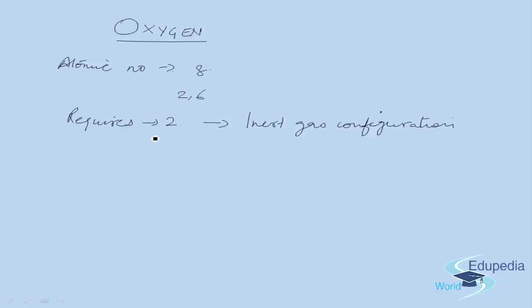So the oxygen atom gets these electrons by sharing its 2 electrons with the 2 electrons of another oxygen atom. So we can write like this. This is one with another, with 6 electrons in the outermost shell.